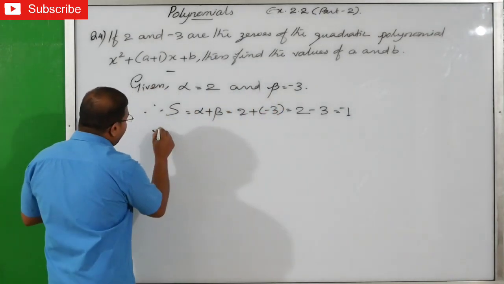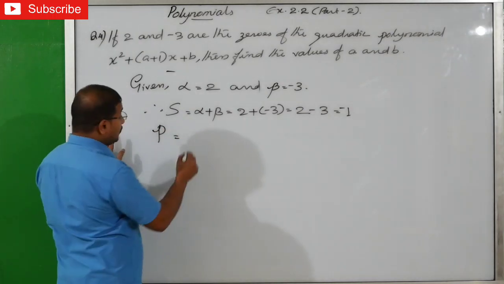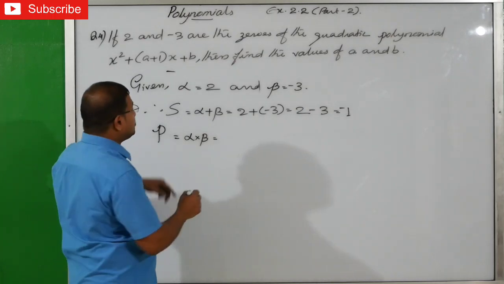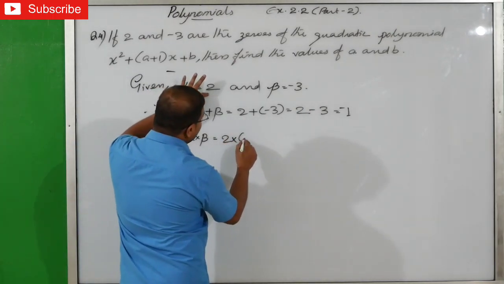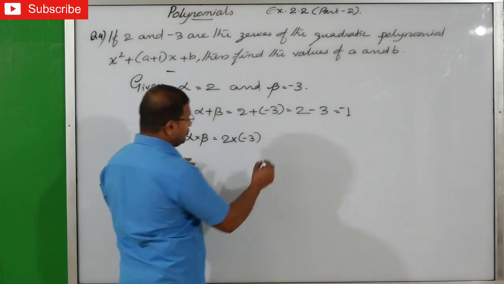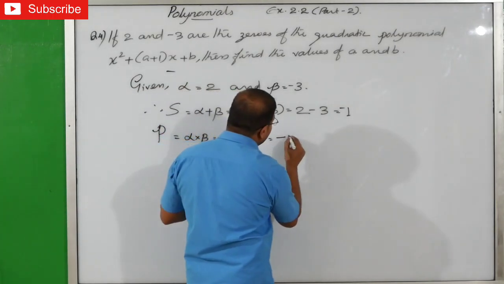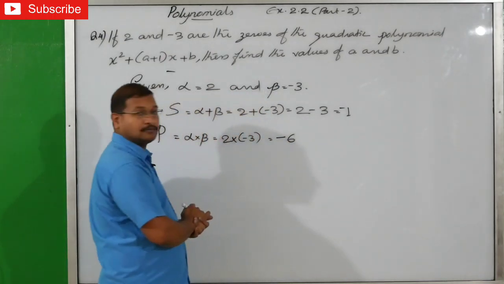Ready? And after that, product of the zeros, p, alpha into beta. That means 2 into minus 3 equals, 2 3s are 6. Of course, minus is there, so we will write minus 6.